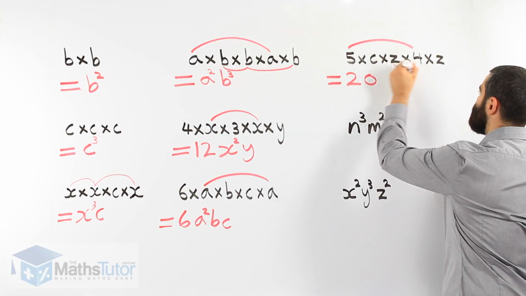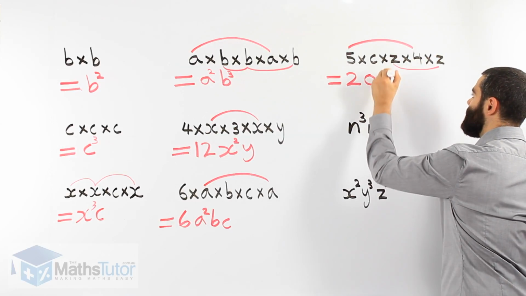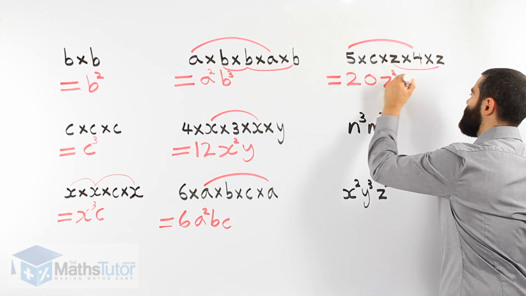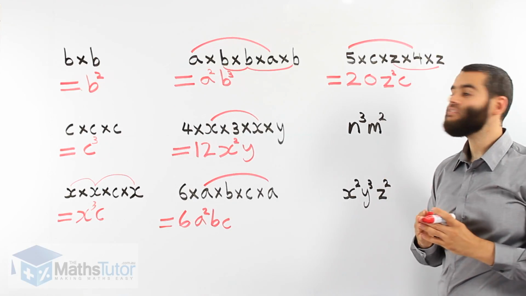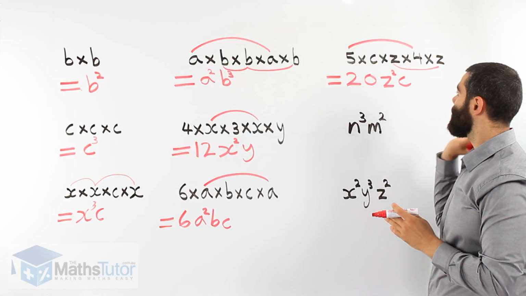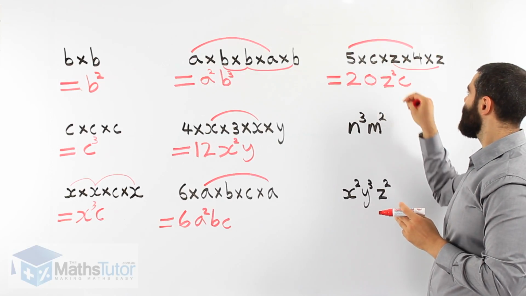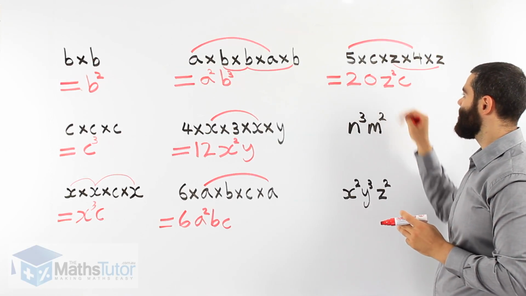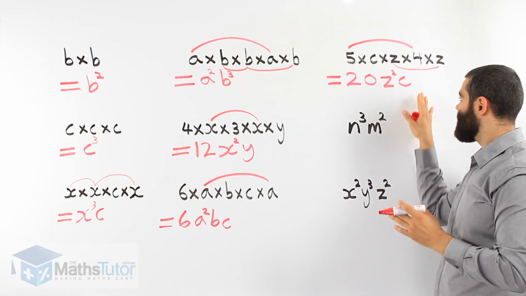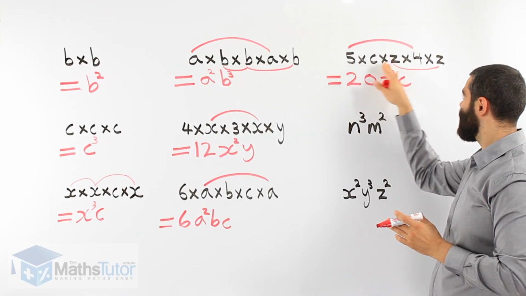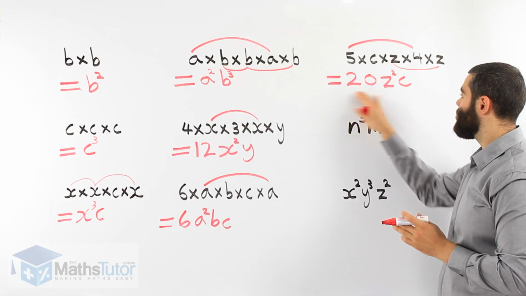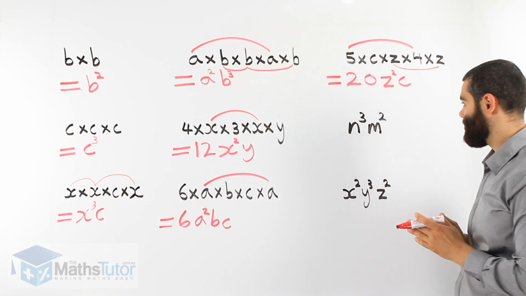So we can do the z's, means z squared, and then c. 20 z squared c. Have we done it correctly? Yes. 5 times 4, 20. The c is already there. And z times z, z squared. Much simpler, much shorter than writing it in this confusing way. This is called index notation.